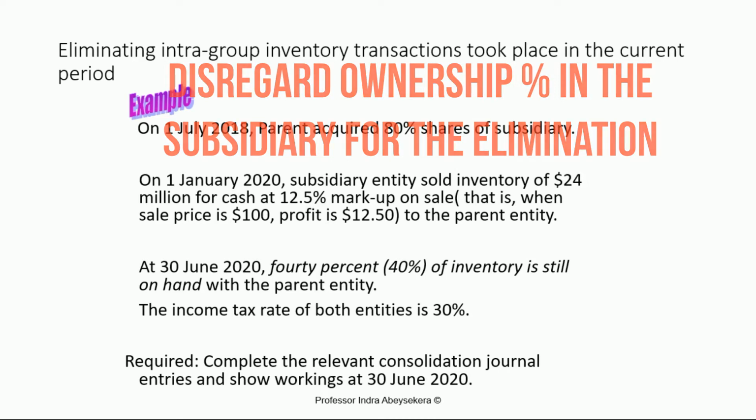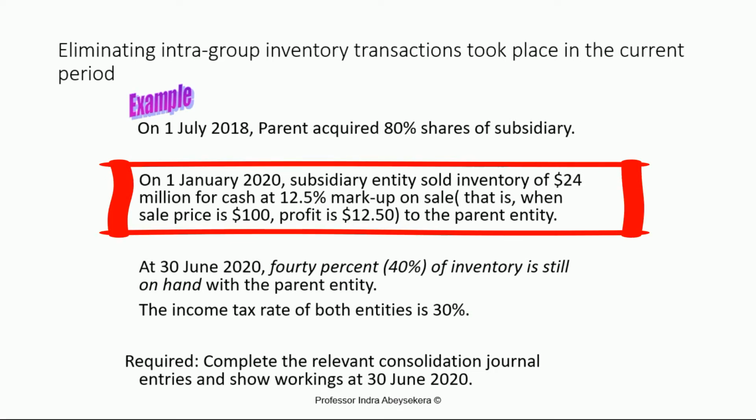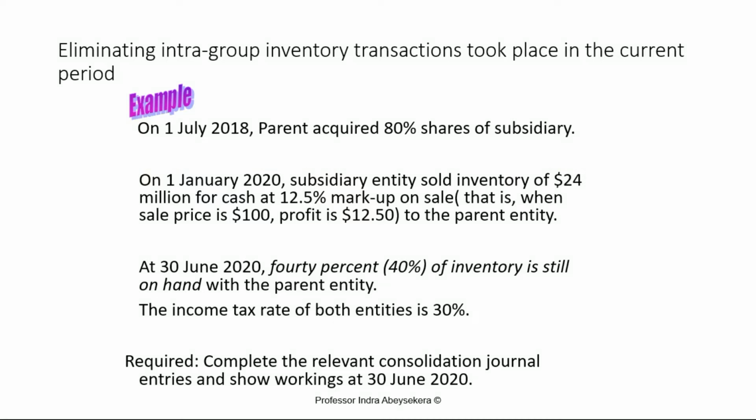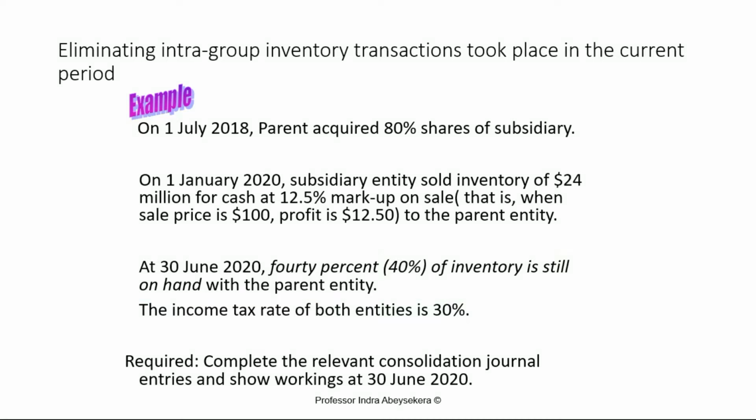On 1st of January 2020, during the current financial year, the subsidiary sold inventory for 24 million with a profit margin. At 30th of June 2020, the end of the current financial year, in this example, 40% of the inventory is still on hand with the parent entity.